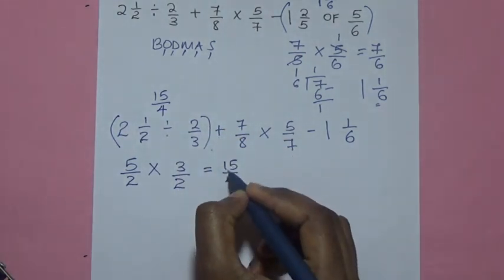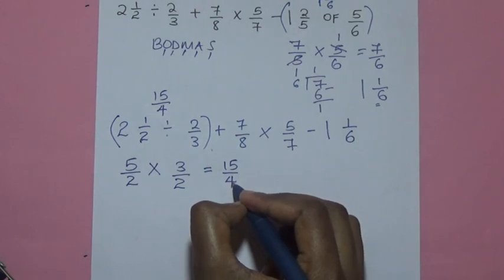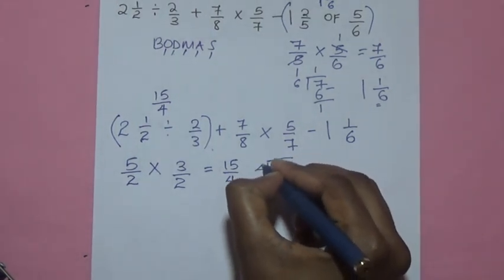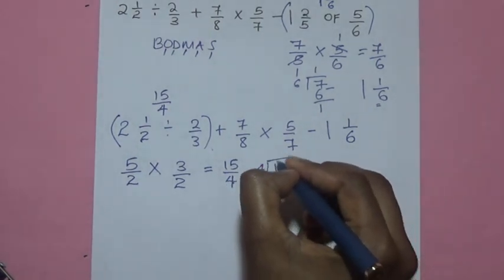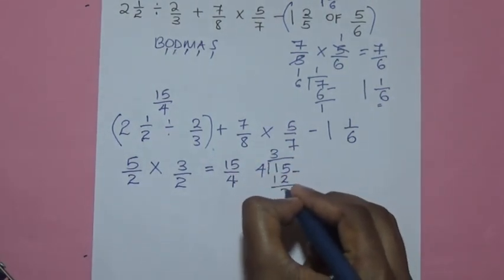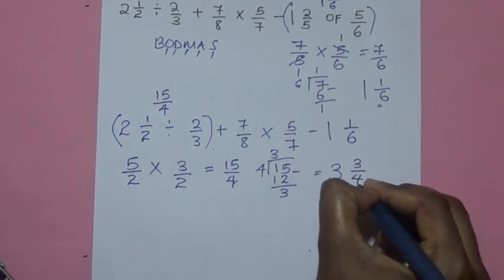Now, we need to change 15 over 4 into a mixed fraction. We take 15, we divide by 4. So this will be a 3 because of 12. When you subtract, you get a remainder of 3. So it will be 3 and 3 over 4.